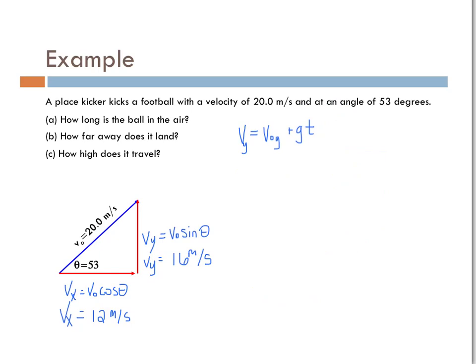So setting our final velocity in the y direction to be 0. Again, the whole point is to solve for time. So we move negative gt to the other side. And time is equal to negative v naught y over g. When I put all my numbers in, I get a time of 1.63 seconds.